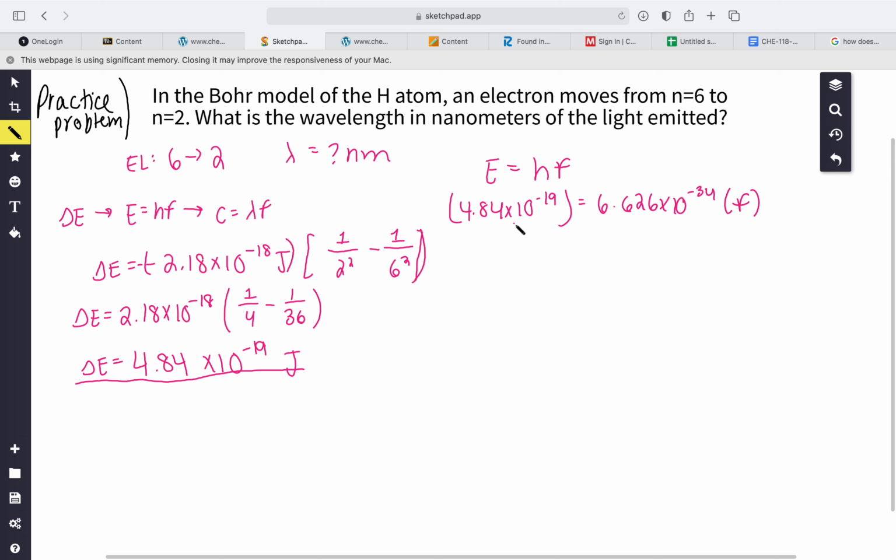Oh, I wrote X in there instead of times, and it was solving for X. This is why you need to have your calculator ready at all times.